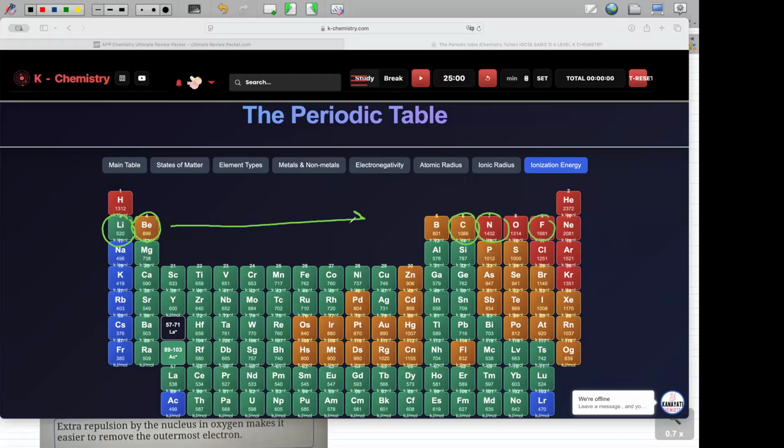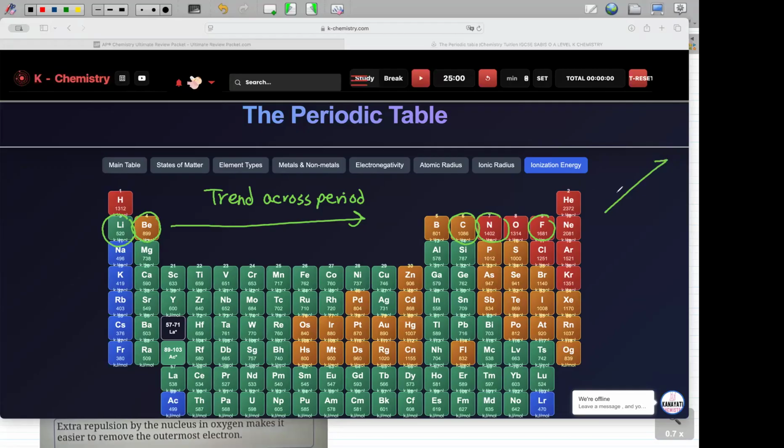So as you go across the period, or in the periodic table from left to right, the trend tells you that the ionization energy should increase: 520, 899, 1086, 1402, 1681.